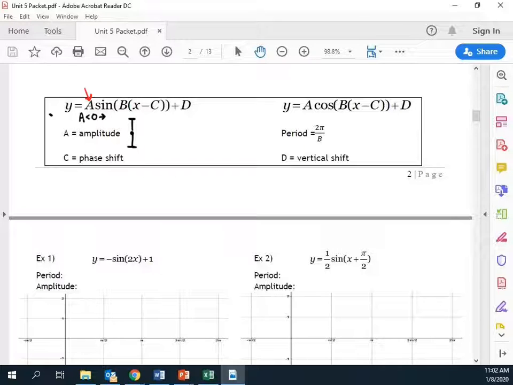If it's negative in front, what does that mean? What does negative in front do? Good. Or we like to say flip it, right? Yes, reflection or flipping it. Exactly.